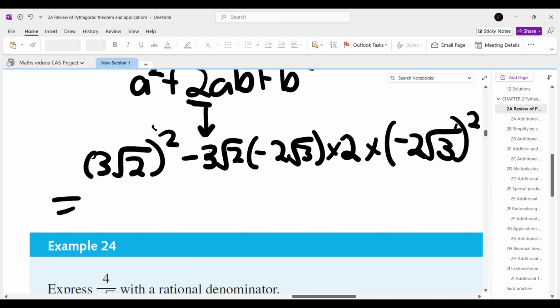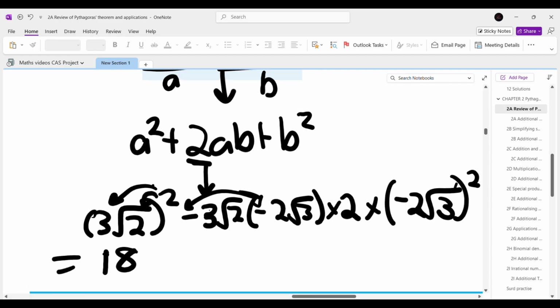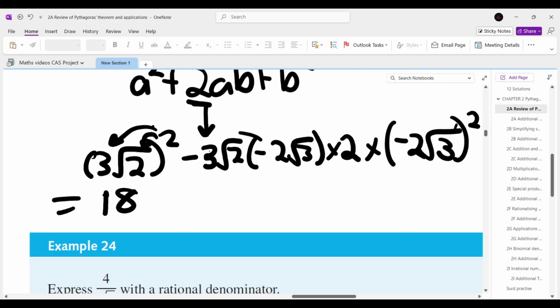So in this circumstance, obviously when you have a 2 like this, it actually applies to both. So you end up having 9 times 2, because obviously square root 2 squared is just 2, so it's 18. And then over here, 2 negatives will cancel out here. Well, no, it's not a negative, sorry. It's a positive. My bad, I made a mistake. It's plus here. So this all becomes negative because of this value right here.